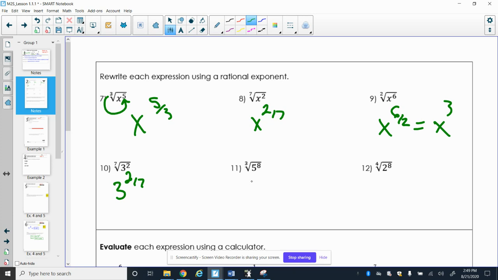So same thing here, 5 to the 8 over 3 power. Last one here, 2 to the 8 over 4 power. Now, technically it said just leave it with a rational exponent. Personally, if I looked at that, I just can't leave it like that. 8 divided by 4, that's 2. 2 squared, 4.